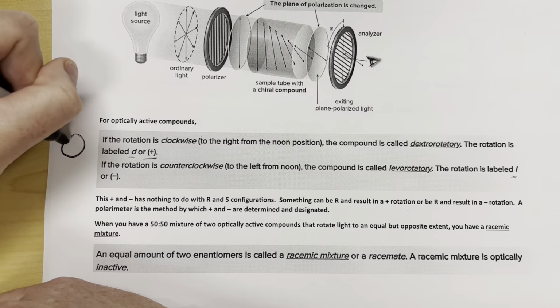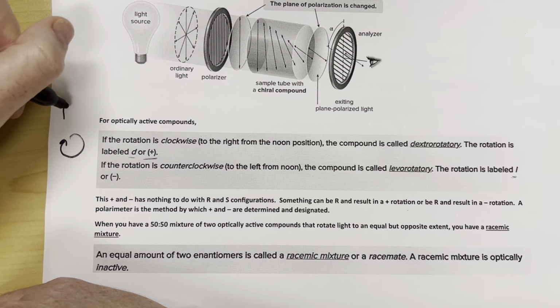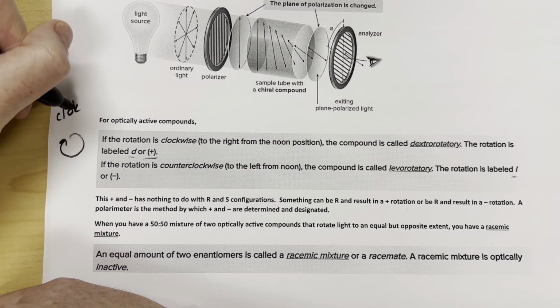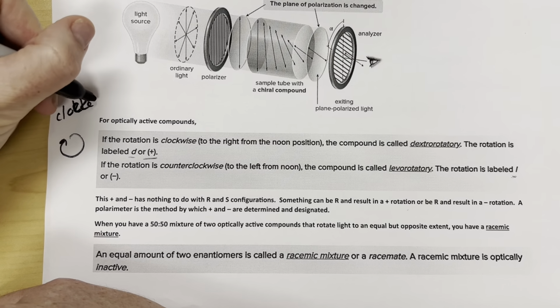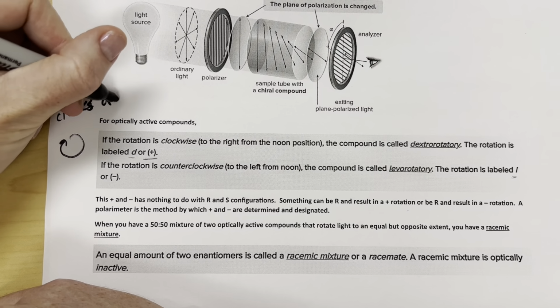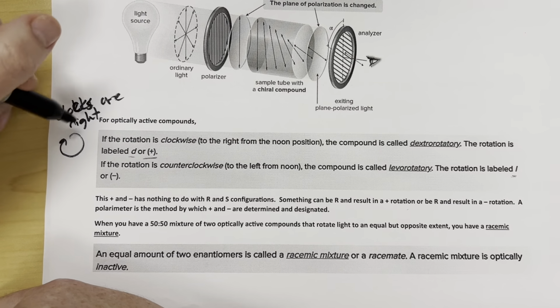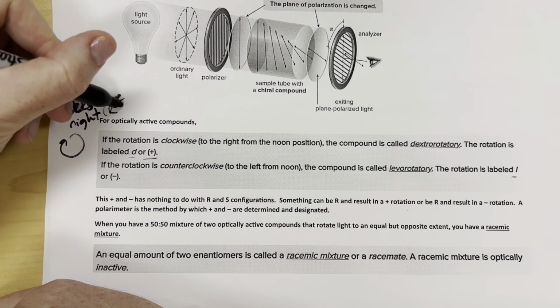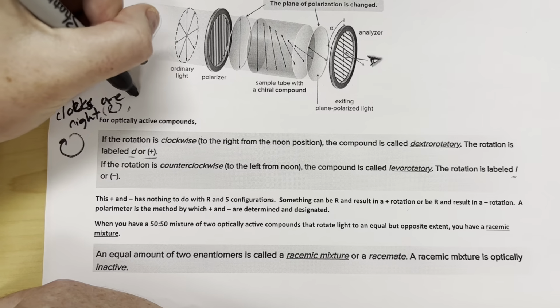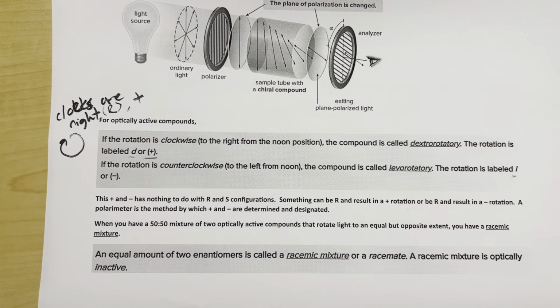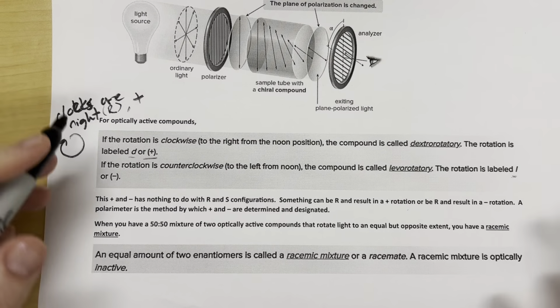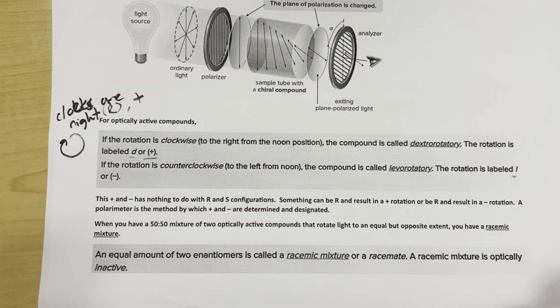And you know how I already told you clocks are right? Remember, clocks are right. That's for the R configuration. Now clocks are also positive. So if that helps. But be careful because I just kind of did you a disservice.